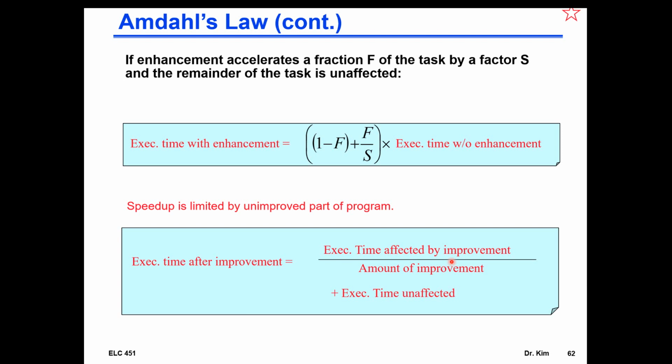So here in this equation, you can see clearly that the speedup is limited by the unimproved part of the program, the 1 minus f. Even if s is infinite, and the f over s term becomes 0, you can never get rid of that part, 1 minus f.